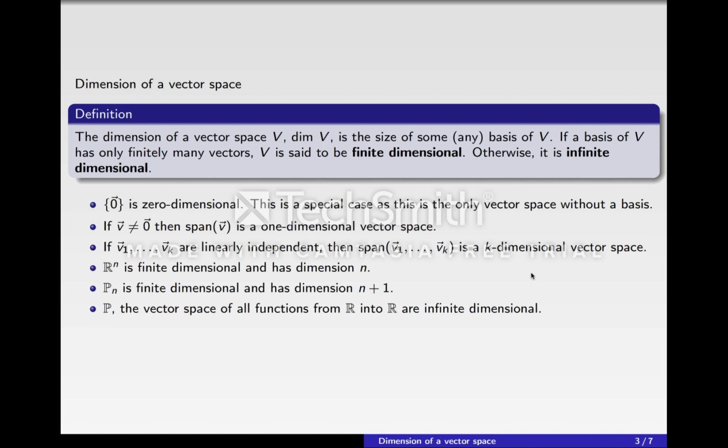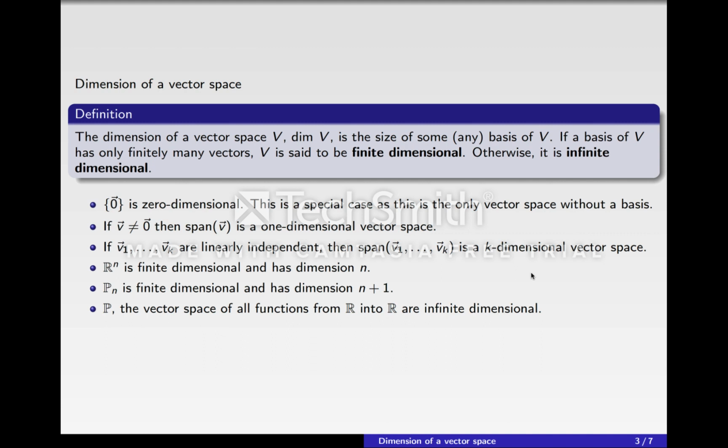All right, so now let's look at various examples of vector spaces. If you are in a vector space V, there's always the zero vector. So take the set that contains only the zero vector, the singleton zero vector. This is kind of a special vector space.